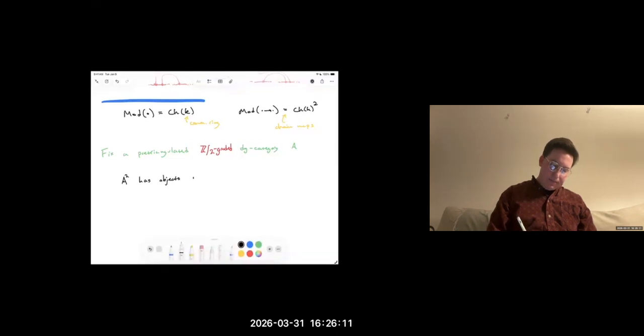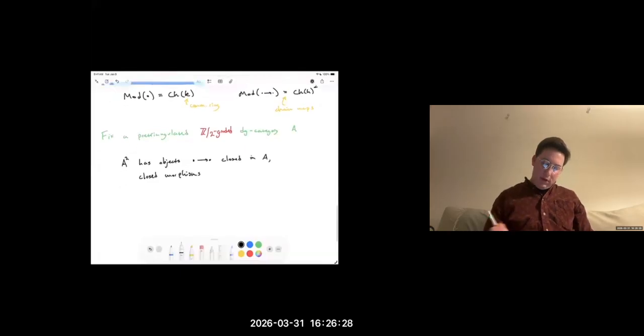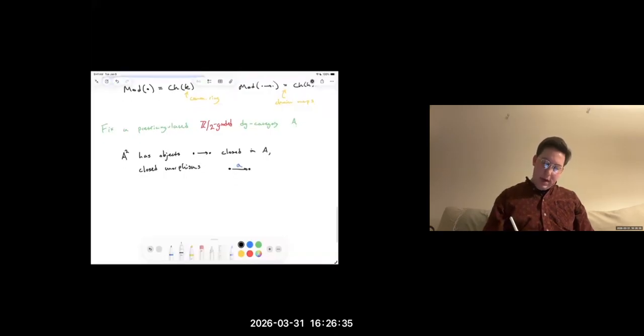It has objects, arrows, closed arrows in A, and let me just say what the closed morphisms are. The closed morphisms from, say, one arrow A to another arrow B. A closed morphism would be something not quite a commutative square, but a homotopy commutative square.